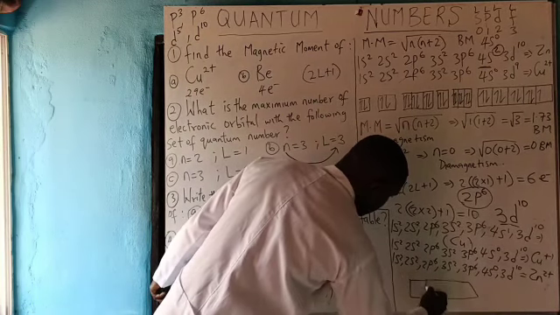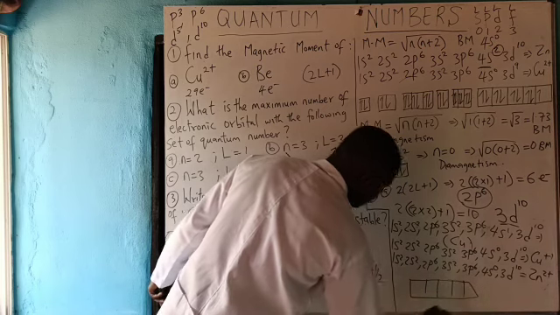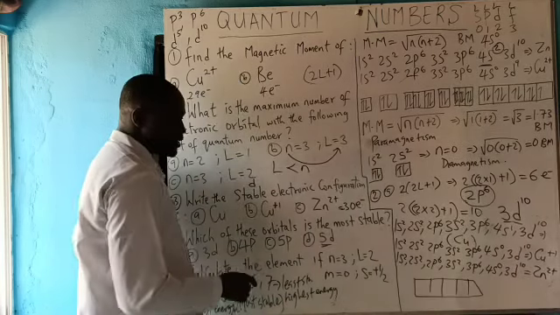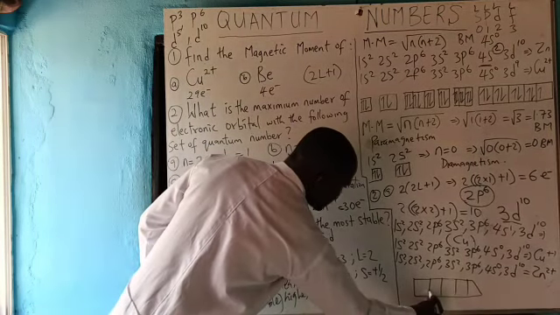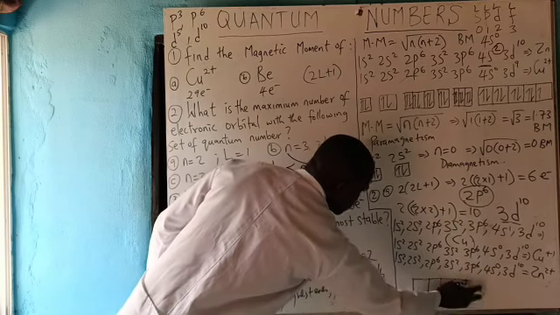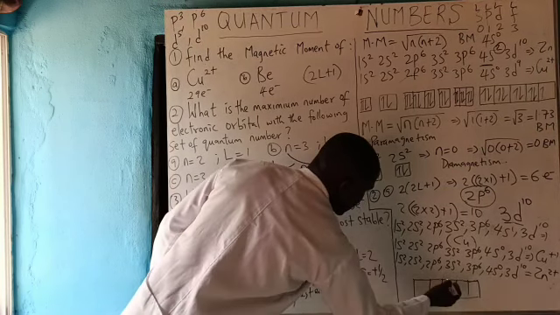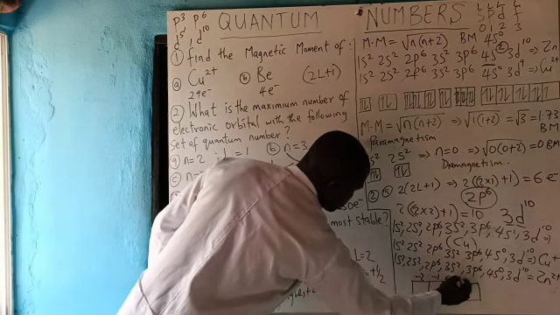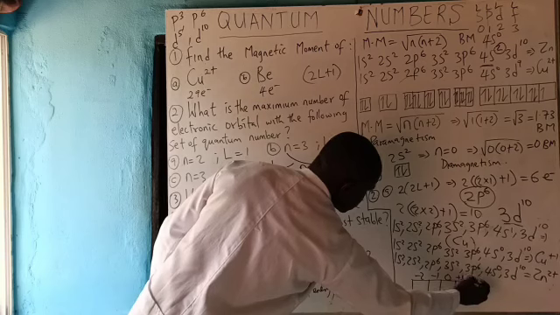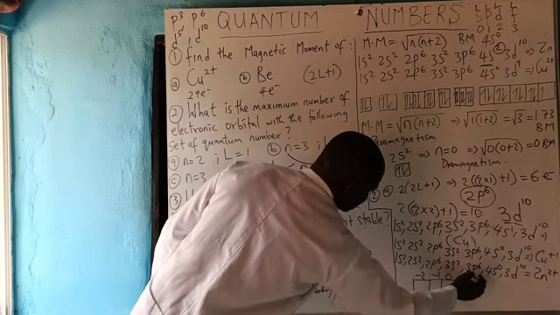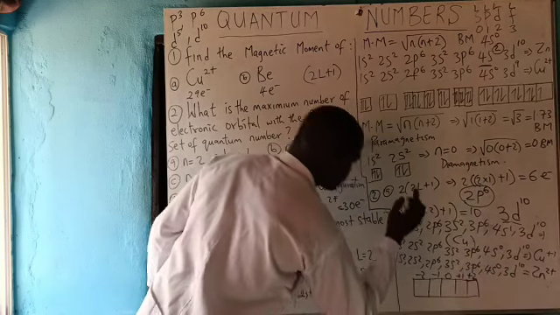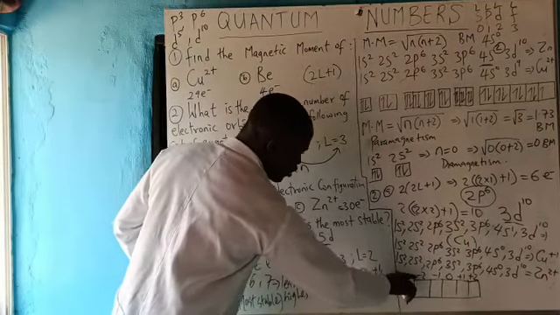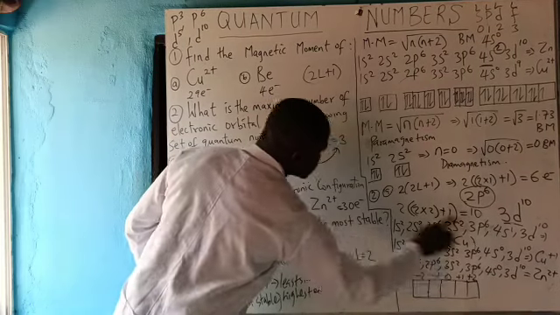I will draw 5 orbitals. The middle one is labeled 0, then minus 1, minus 2, plus 1, plus 2. That is the magnetic quantum number. When L is 2, M will be minus 2, minus 1, 0, 1, and 2.